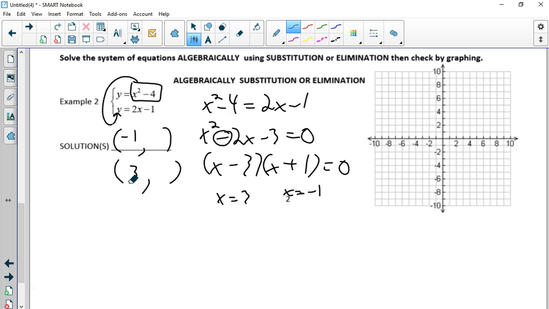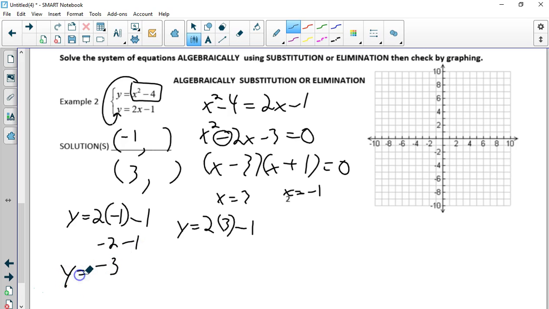Now what I need to do is plug -1 into either equation and 3 into either equation. The easiest one is going to be 2x minus 1. So I'm going to plug in y equals 2 times -1 minus 1, and y equals 2 times 3 minus 1. This is going to give me -2 minus 1, so -3, that's y.